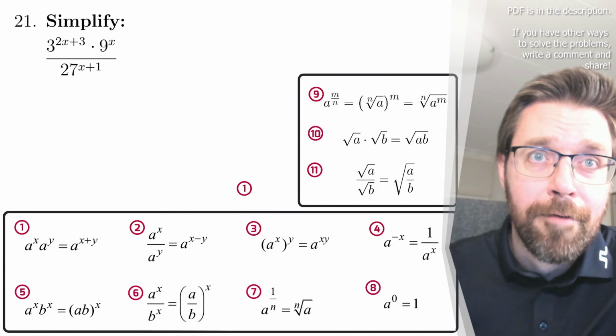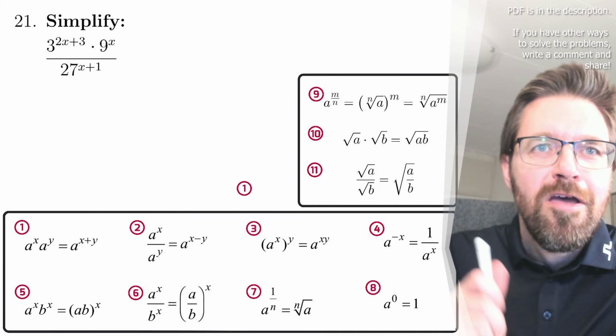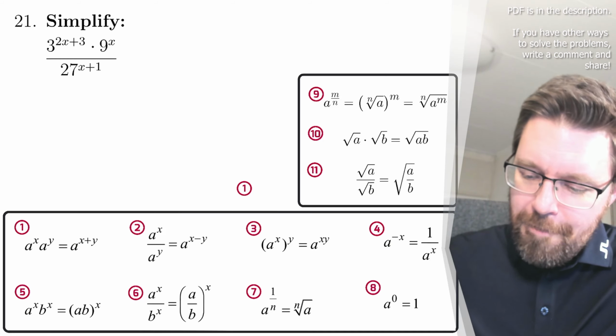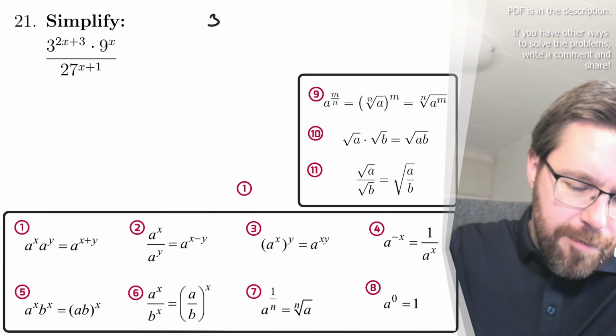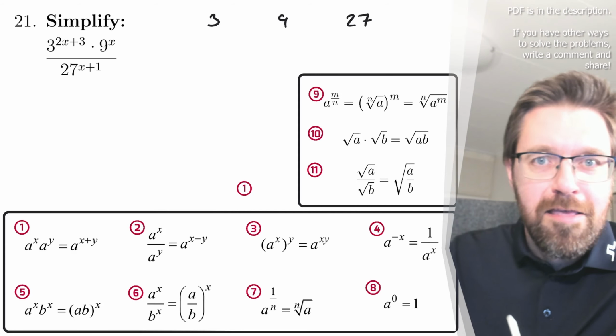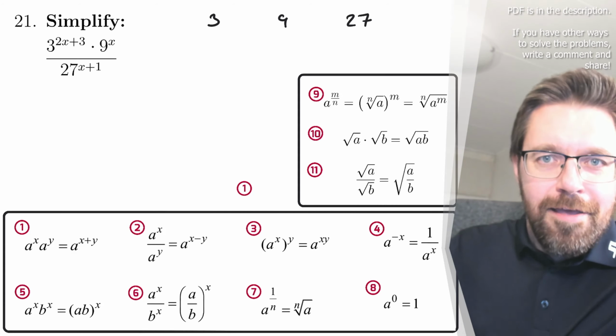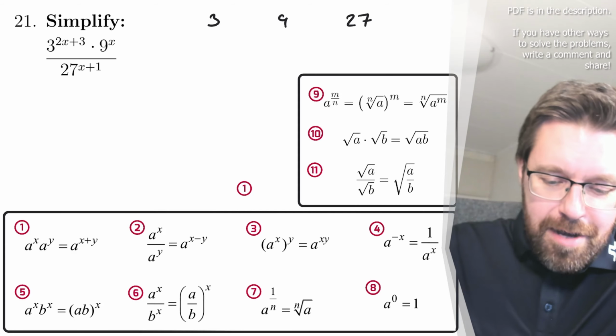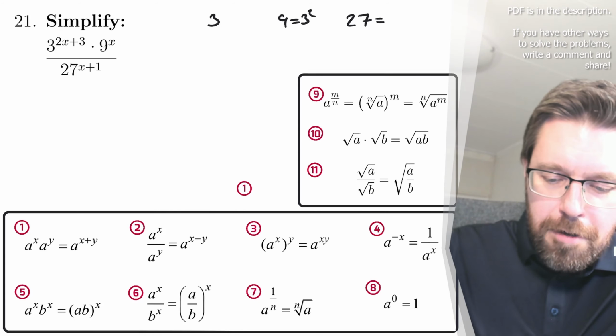Number 21. Oh, another expression with different bases. So we have the base 3, the base 9, and the base 27. And all these bases can be rewritten with the base 3, because 9 equals 3 raised by 2, and 27 equals 3 raised by 3.